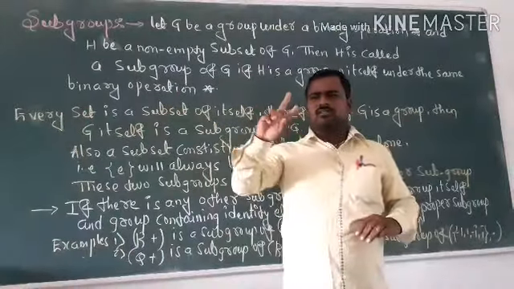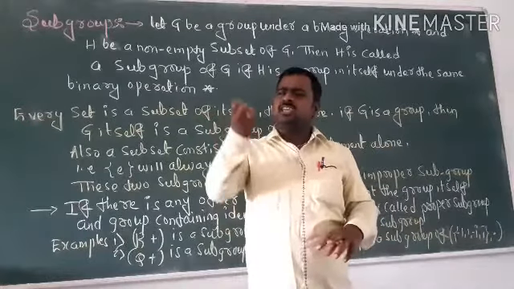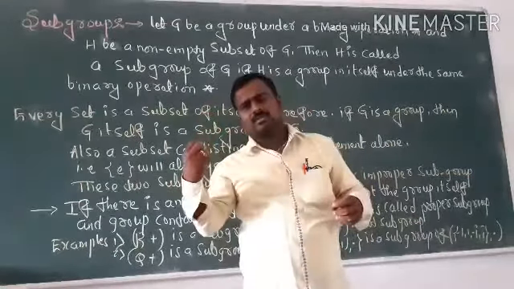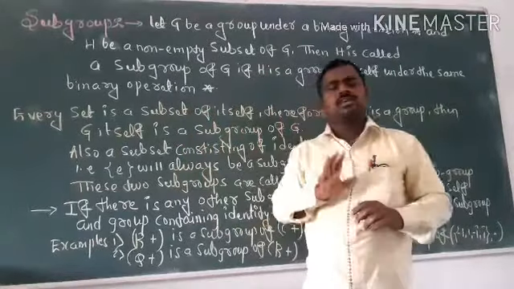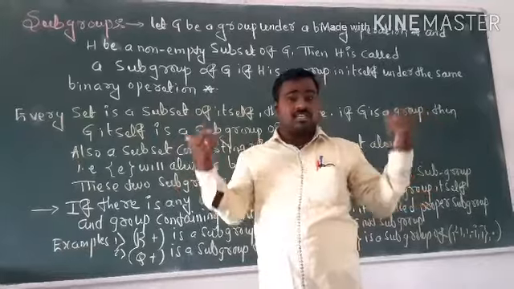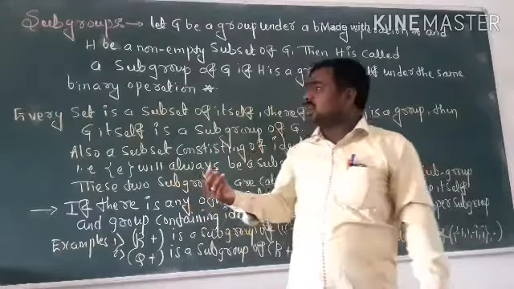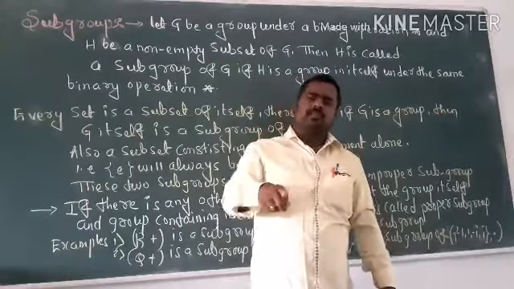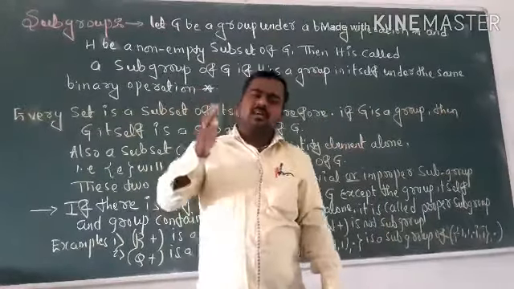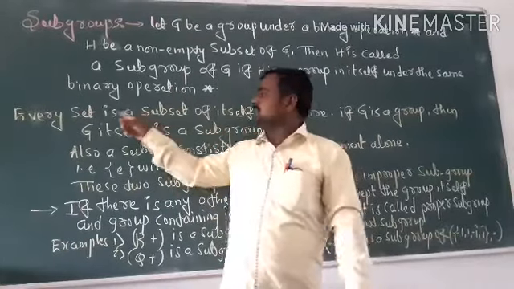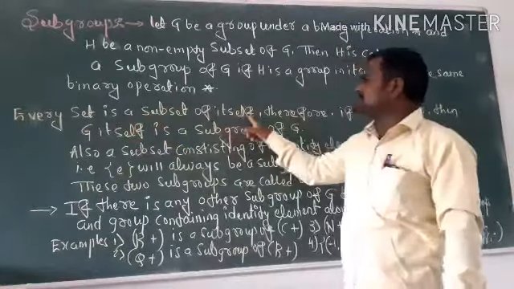Try to understand: where G is there, in that G we are picking some elements. That is H, a non-empty subset. That is the most important point. Also, already you know that every set is a subset of itself. Every set is a subset of itself.